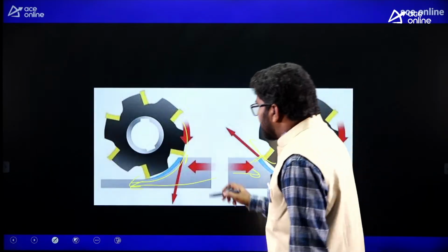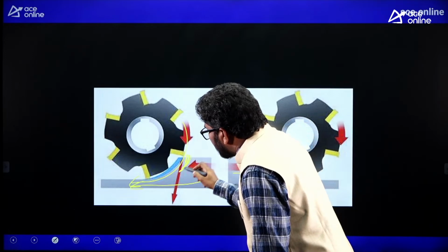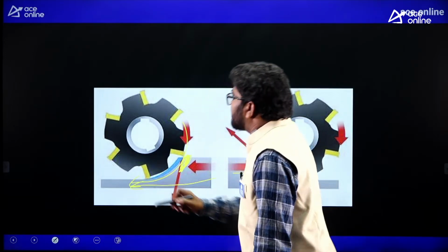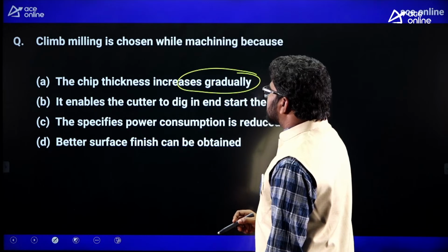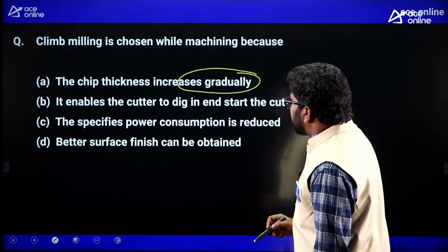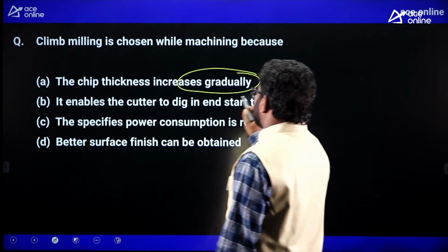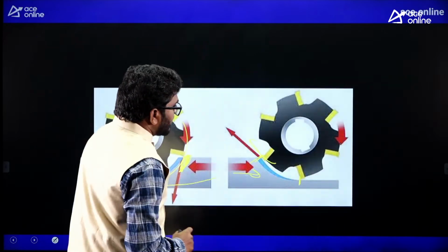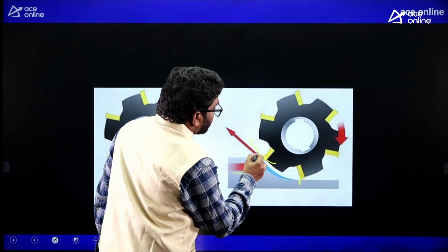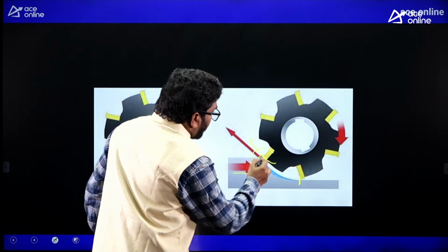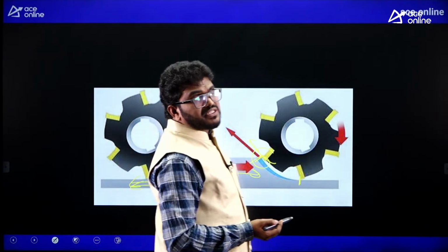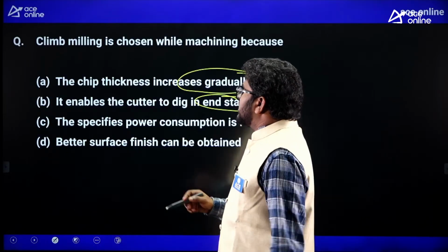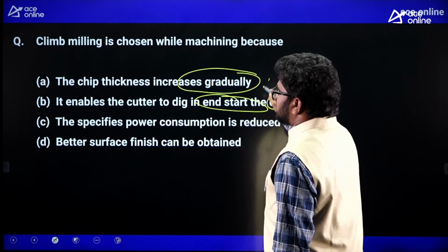In case of climb milling, chip thickness is more at the start and less at the end. Next, enables the cutter to dig in at the start of the cut. See, in conventional milling, at the end point there is more digging in. But here at the initial stage only it is going to cut. So this is not correct.